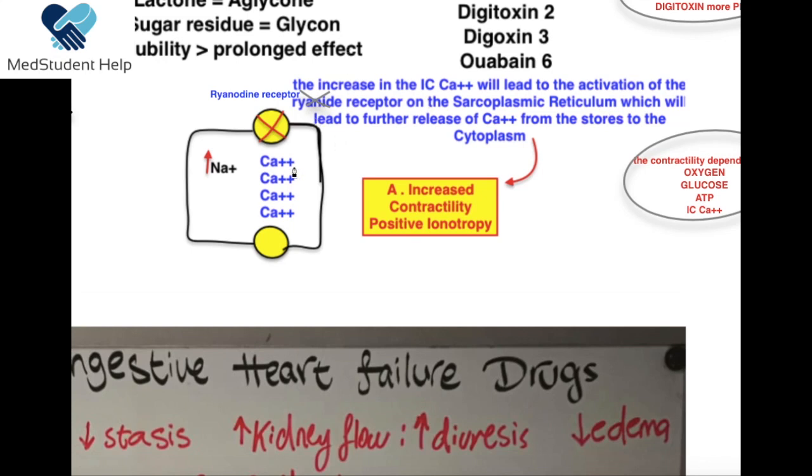So whenever the calcium concentration is increasing in the cytoplasm, it is going to lead to the activation of the ryanodine receptors that are present on the sarcoplasmic reticulum. And as you know, the sarcoplasmic reticulum are the calcium storage rooms of the cells. So the sarcoplasmic reticulum is going to start releasing more calcium into the cytoplasm.